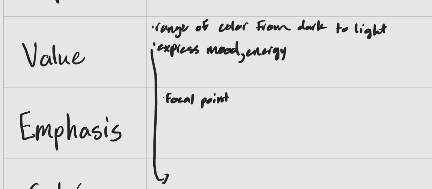And one thing about that is that you want your painting to have a focal point. You don't want all of your painting to be the focal point, because it makes the painting feel more flat. So when you have emphasis, it helps make it more interesting to look at.